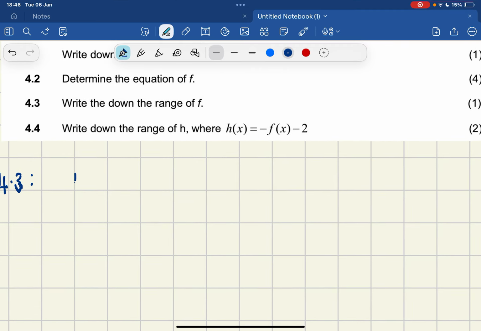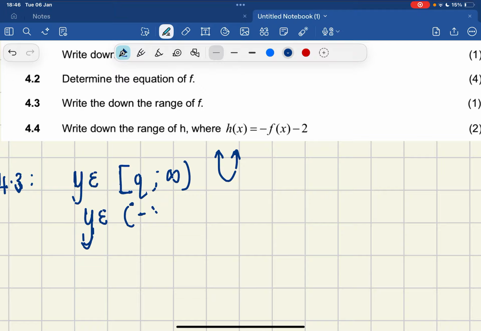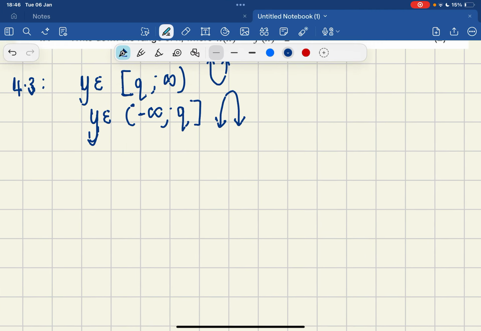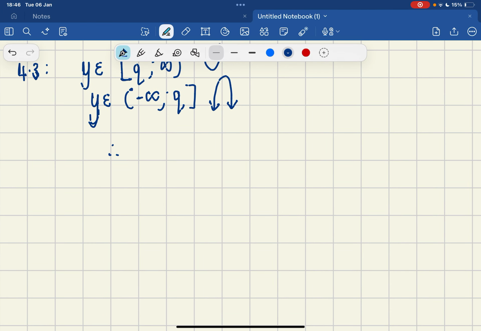Remember the range formula: y is an element of q to positive infinity when we're smiling, and when we're frowning, y is an element of negative infinity to q. So our a is positive, and we can see the graph has already been given to us as a smiley face, so therefore we're going to be using the smiley face formula.